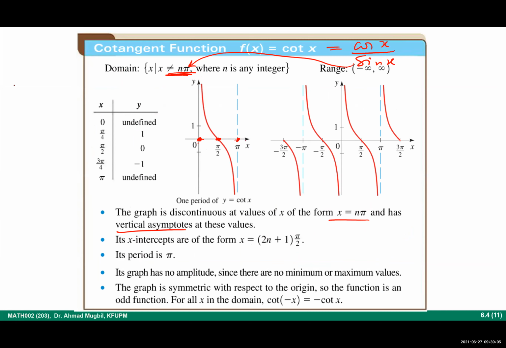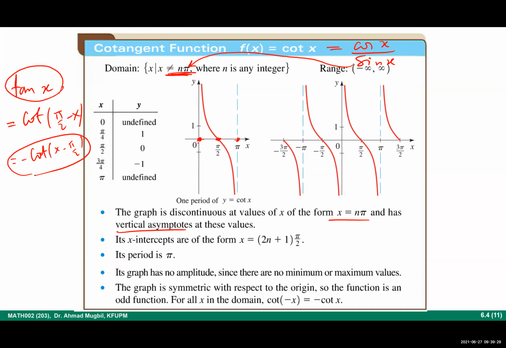You know that tan x is the same as cotan of pi over 2 minus x. So if you make a reflection, then shift it, like negative x minus pi over 2, and get the negative out, they will be the same. The graph of tangent is the same as this graph.